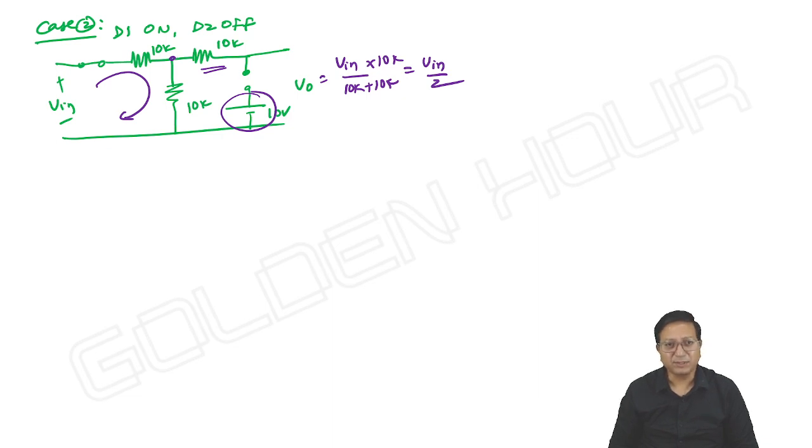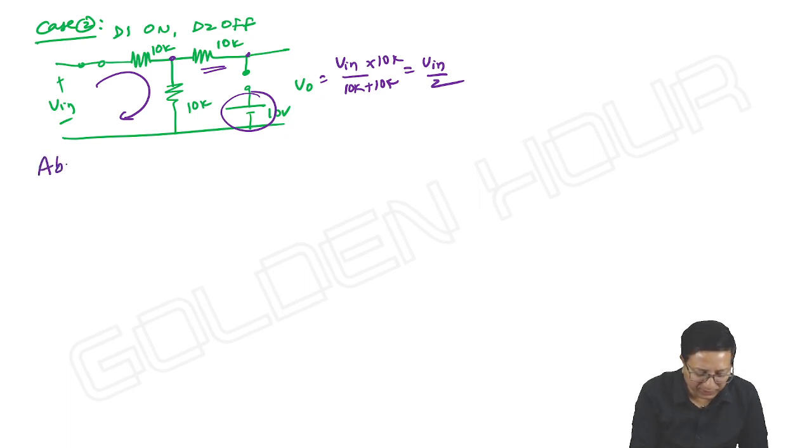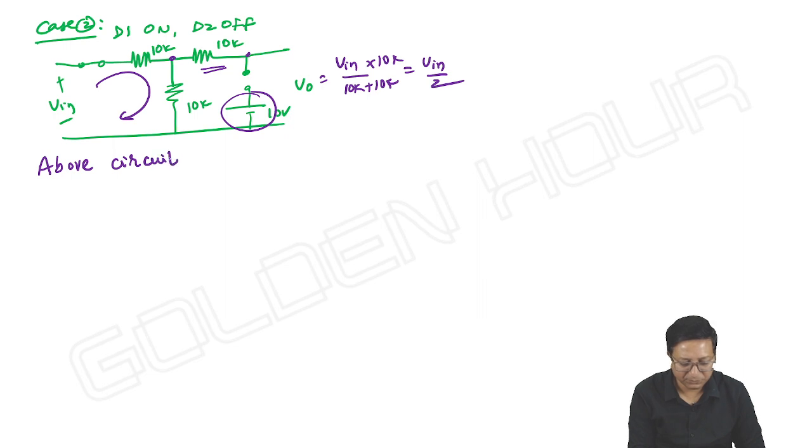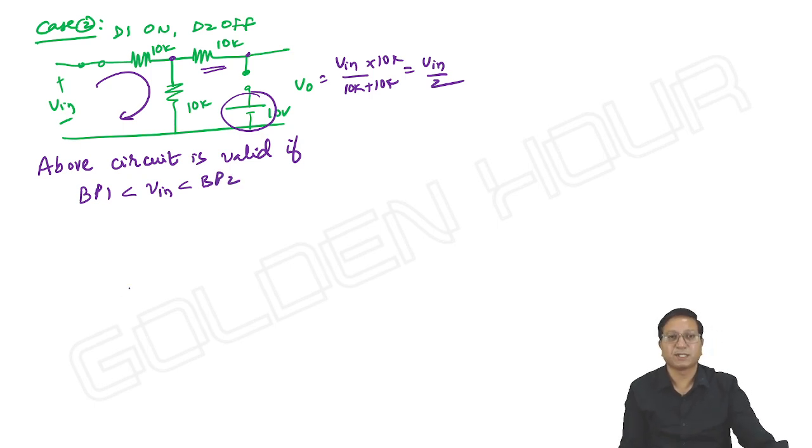That is breakpoint 2. Here and here we see the same voltage, as no current is possible through the 10 kilo ohm. The above circuit is valid if breakpoint 1 is less than V input, less than breakpoint 2. You can write so. Next, case 3.